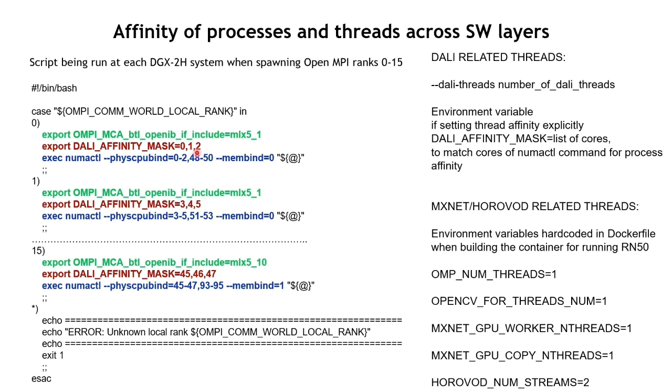We can also control from the script the amount of threads that the MPI process spawns, such as MXNet worker threads for execution of kernels and threads for copying data to the GPU, and horovod threads that control the number of concurrent NCCL streams, which we will get into later on. We also specify which InfiniBand card is used by the MPI rank. MXNet code uses the local rank information to decide what GPU to use from the DGX2 node from the available ones, from 0 to 15.